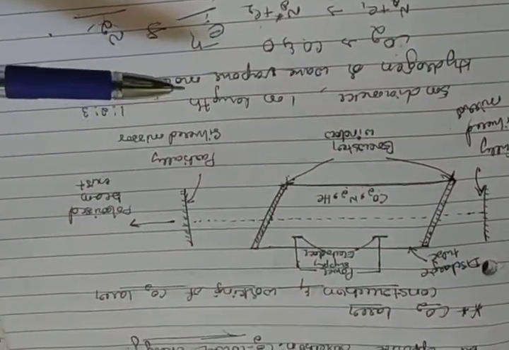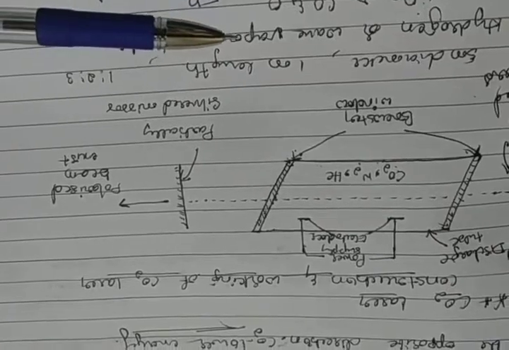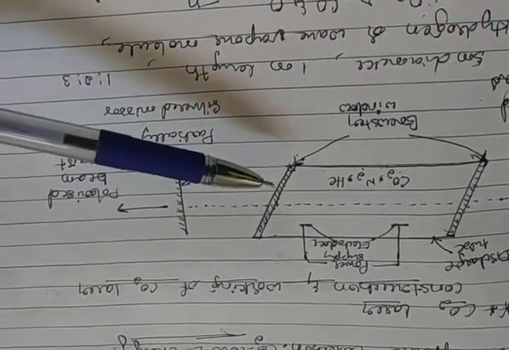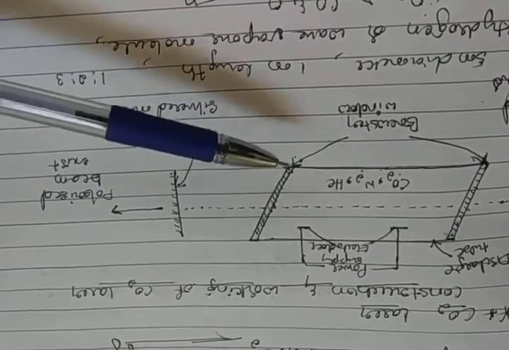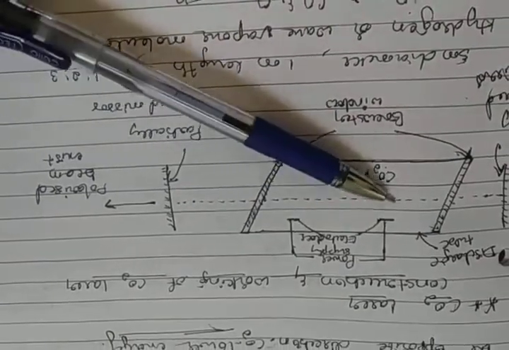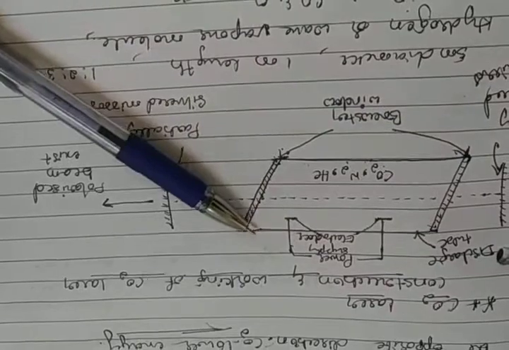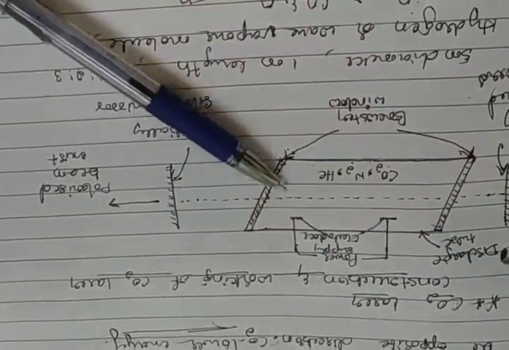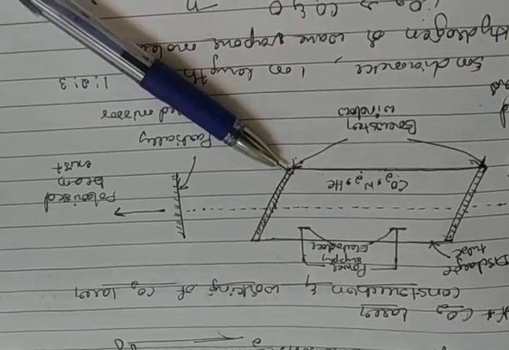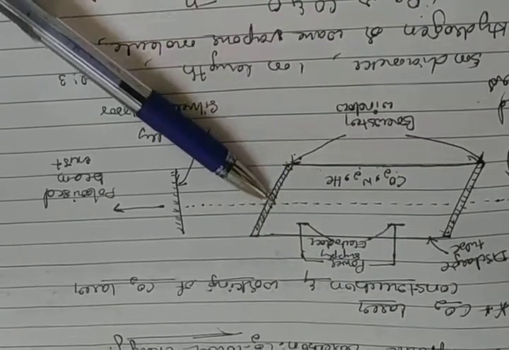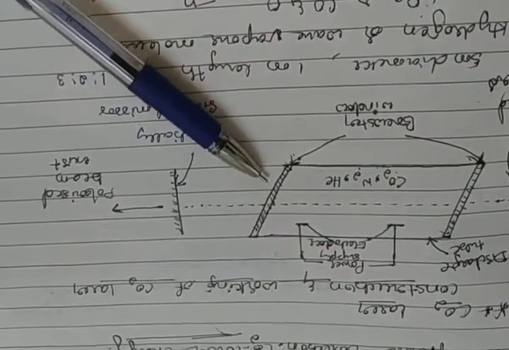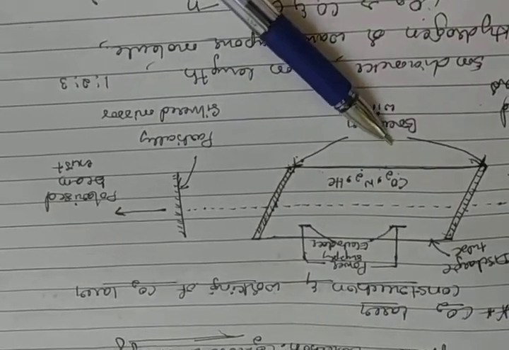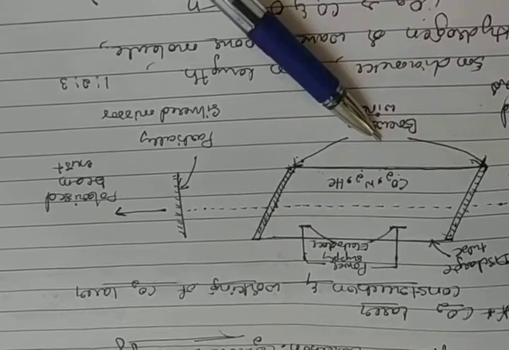So next is construction and working of the carbon dioxide laser. It is an important part. It also has an energy level diagram. This is called the discharging tube. The discharging tube consists of some other parts.